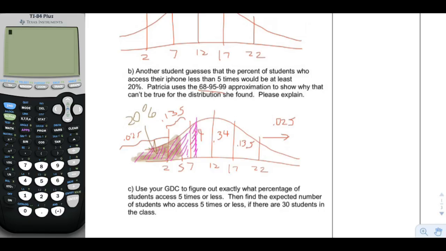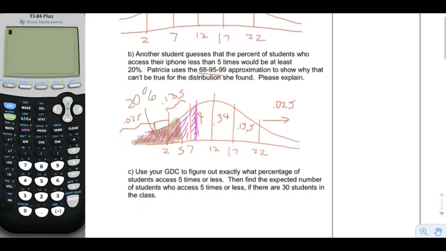So it would go further. So that's our explanation, that look, if it was really 20%, it would go all the way past the 7 here. It would be more than 7. It would be around 8 or 9.